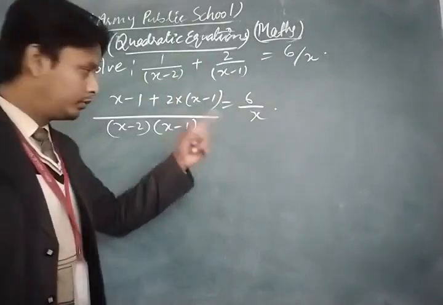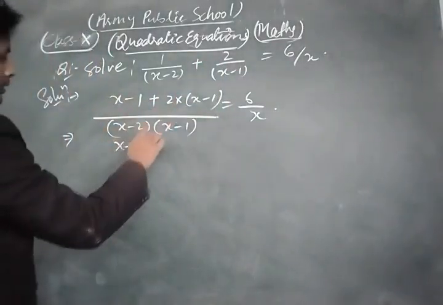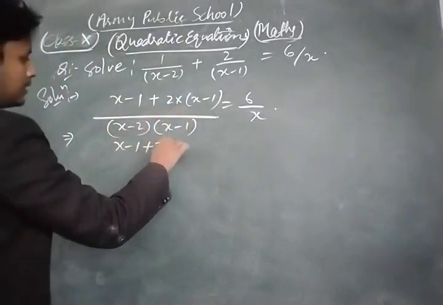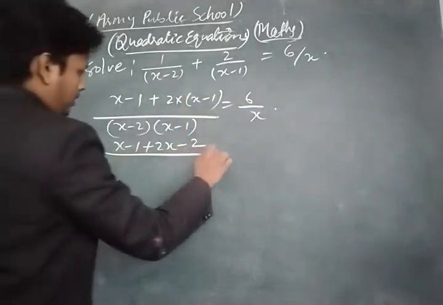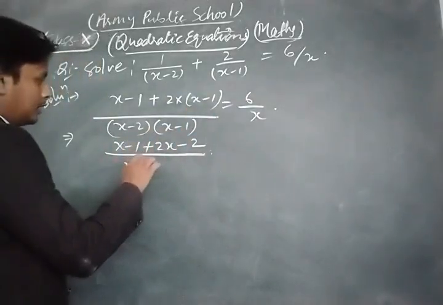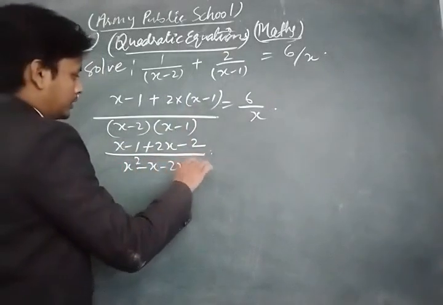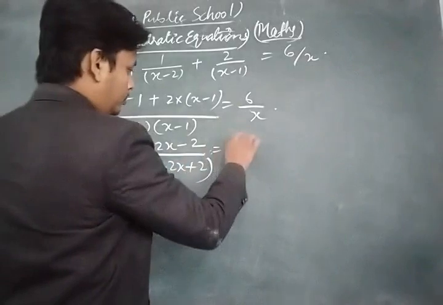So we get this. Now we simplify them. So we get x minus 1 plus 2x minus 2 upon, now we multiply them, that is x square minus x minus 2x plus 2 is equal to 6 by x respectively.